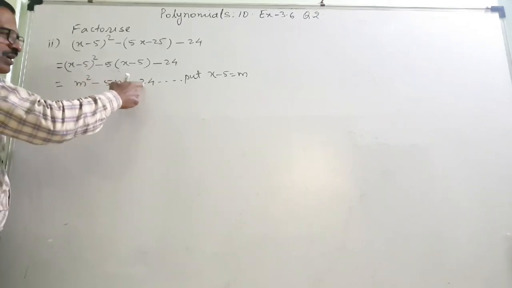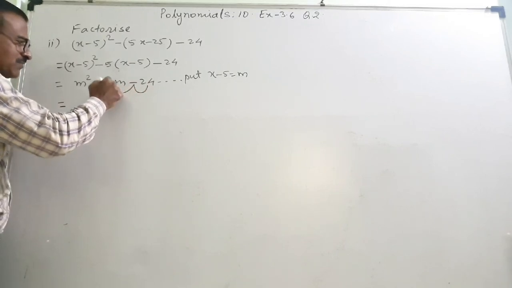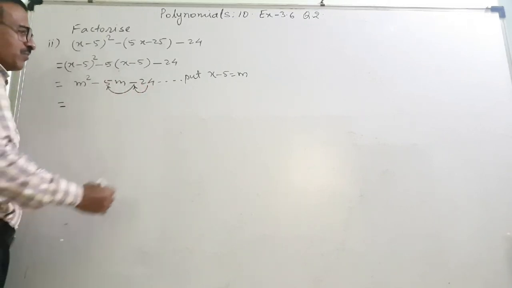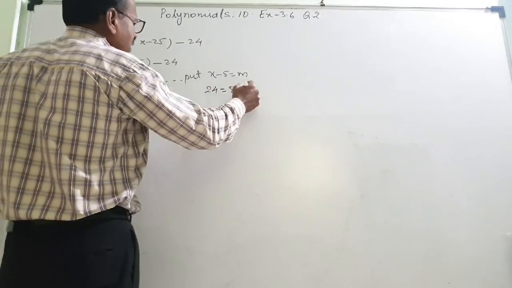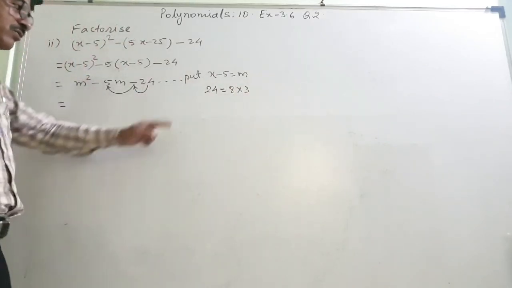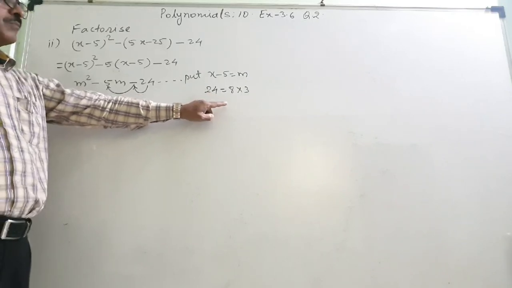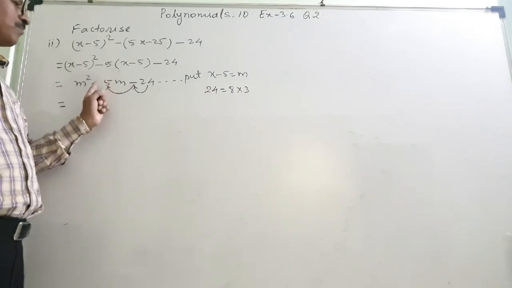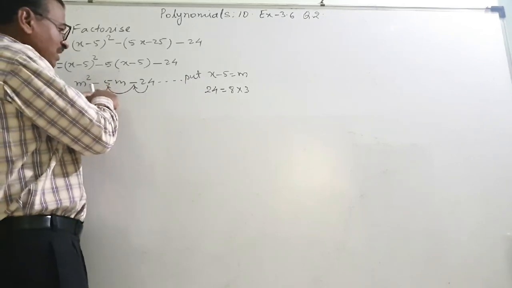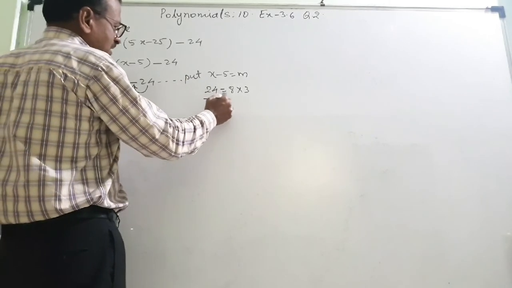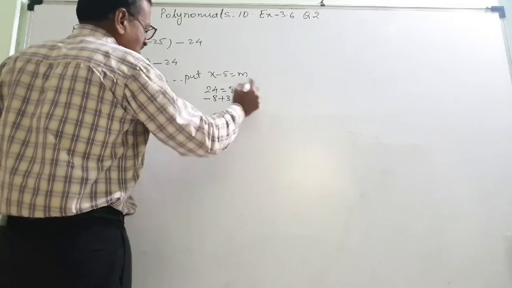Find the factors of 24 such that their subtraction is 5. 24 is equal to 8 threes are 24, these factors I will take. 12 twos are 24 is also there, but their subtraction would not be 5. But 8 threes are 24, the subtraction will be 5. I want minus 5, so minus 8 plus 3 is equal to minus 5.